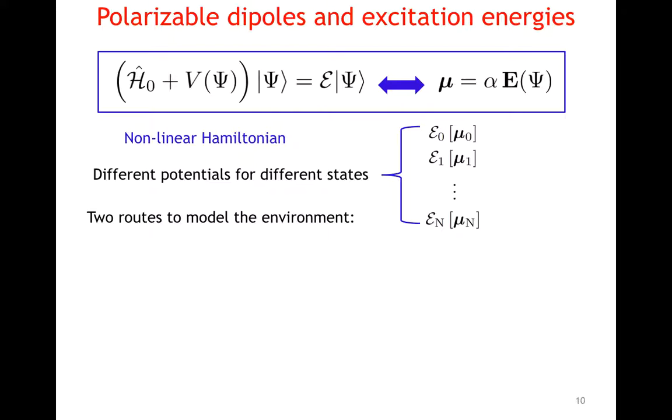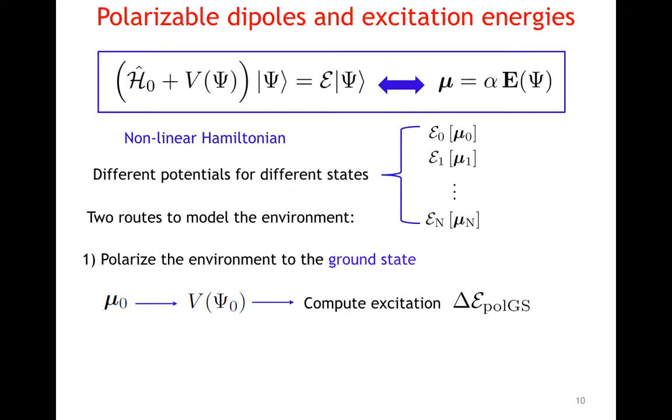One way to compute an excitation energy is, for instance, to polarize the environment only on the ground state. In this way, we only compute the dipoles in equilibrium with the ground state density and freeze this environment also for the excited state.